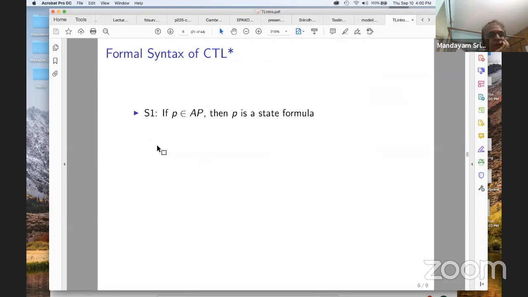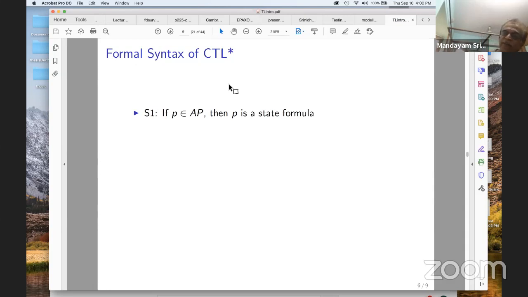So as I said, these are the rules of constructing the formulas in that logic. You may recall that when I introduced the Boolean propositional logic as well as the quantified Boolean logic, which is true for any logic, there is a syntactic part which defines how you construct the well-formed formulas in that logic.